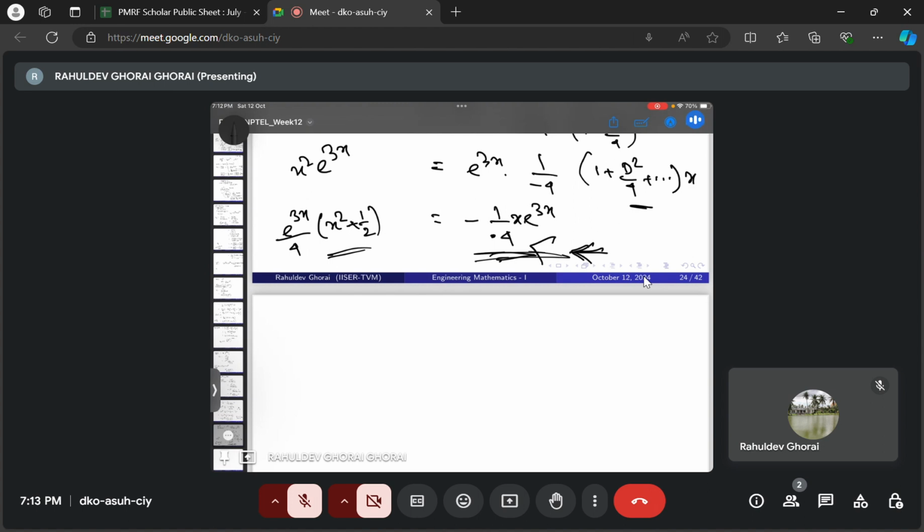I think that's all for the rules for these questions. To solve this higher order differential equation, the rules I have already mentioned, whatever rule you require, I have already said. So we'll solve a few more questions, but these are the rules only.